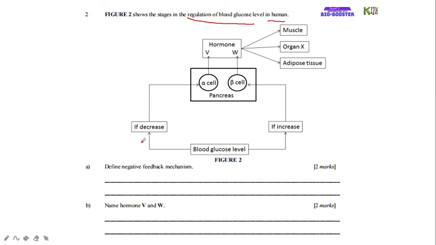Question A, define negative feedback mechanism, 2 marks. The answer is: negative feedback mechanism is a homeostatic mechanism that reduces or stops the intensity of the original stimulus. Okay, B, name hormone V and W. Hormone V is released by alpha cells.